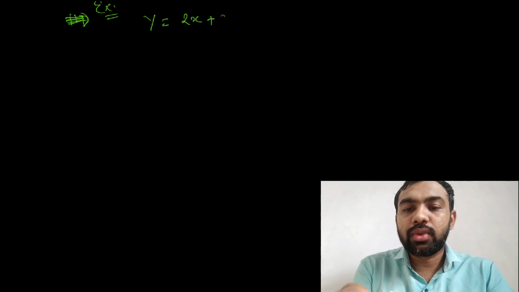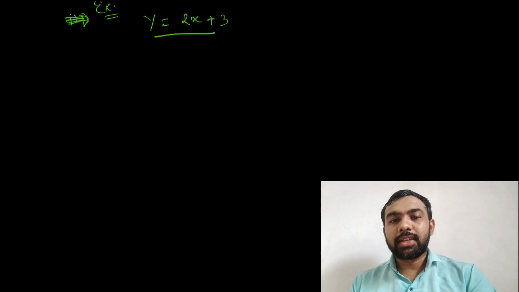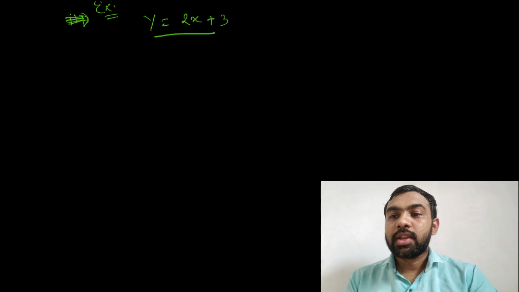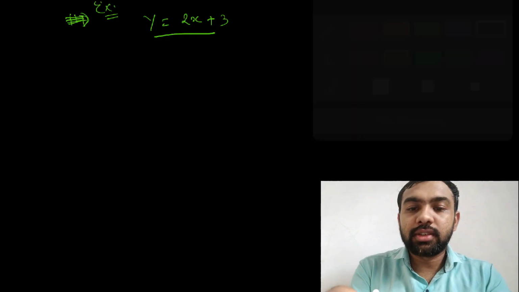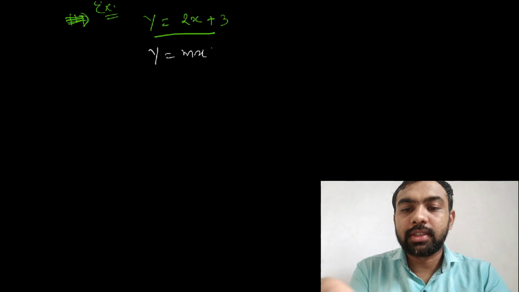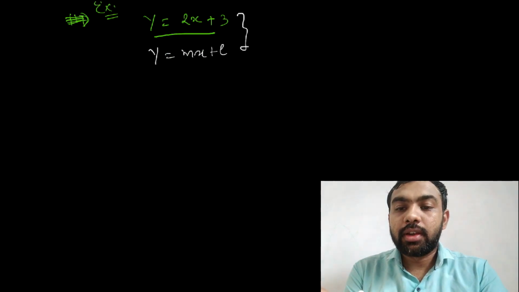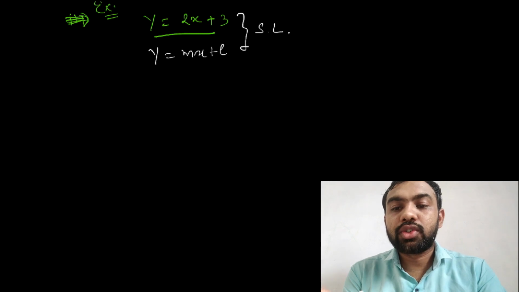This type of case is given: y is equal to 2x plus 3. This is of the form y is equal to mx plus c. This equation represents a straight line.